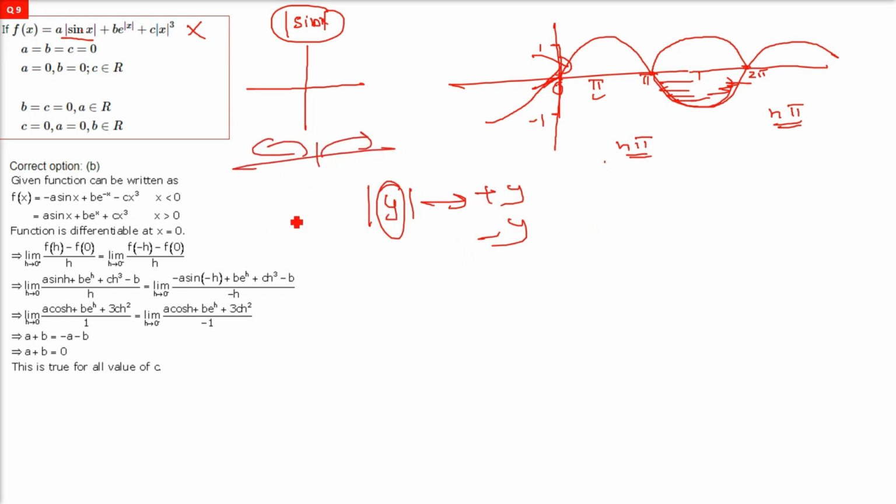If you go left it is negative, if you go right it is positive. So I will treat modulus of sin x exactly like this, not as n pi here, just because the options provided here are not talking about n pi or 2n plus 1 pi by 2, whatever.